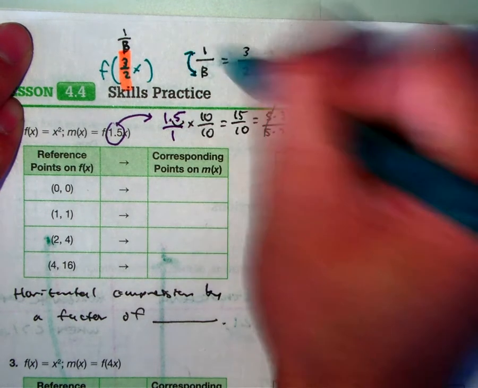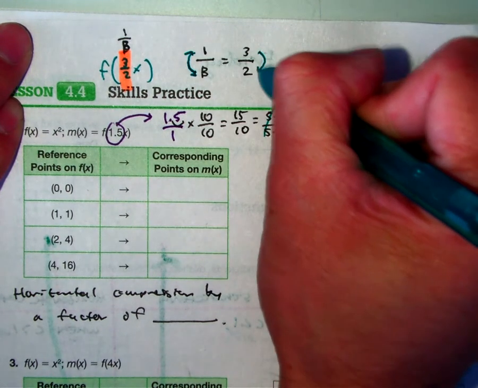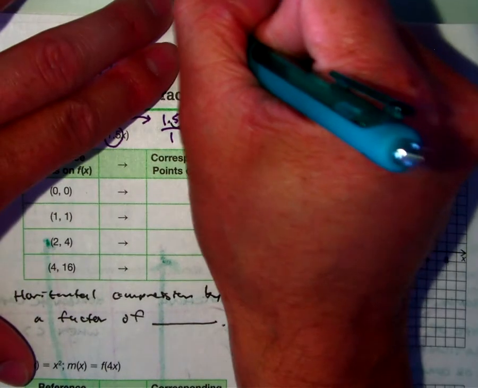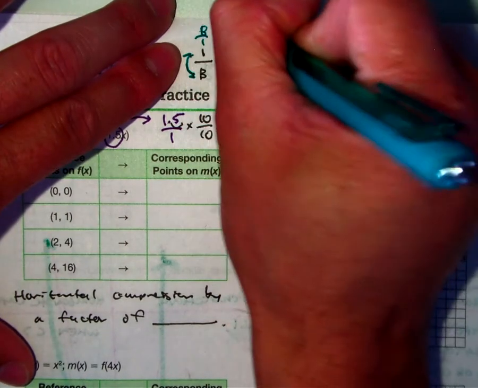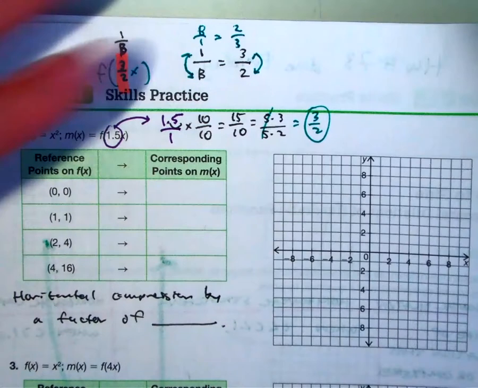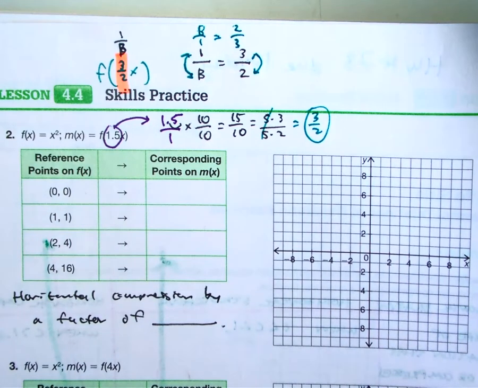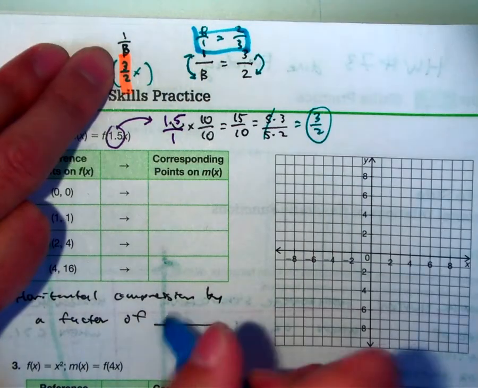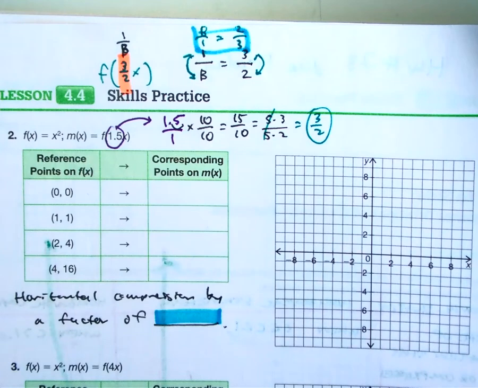But if I flip one side, I have to flip both sides. So you have B over 1 equals 2 over 3. So that means, class, my B value is equal to 2/3. So let's write down here 2/3.